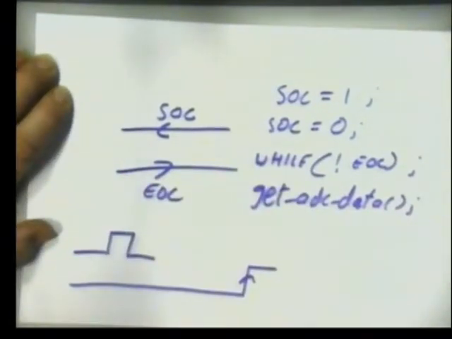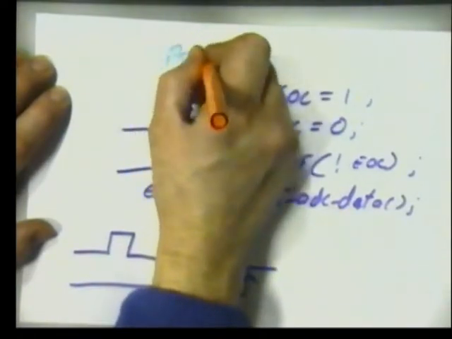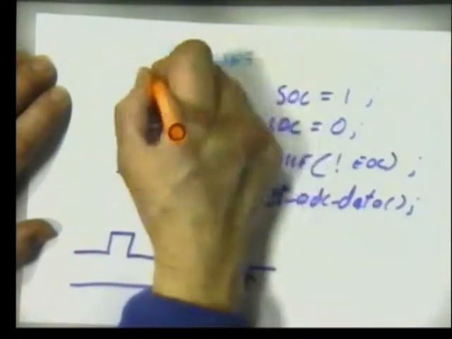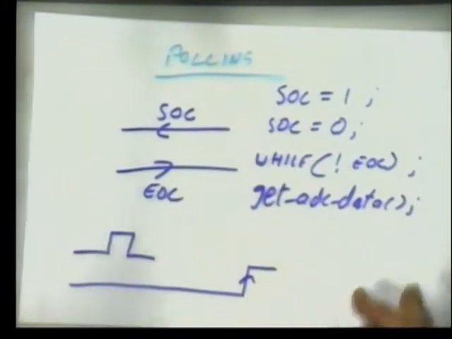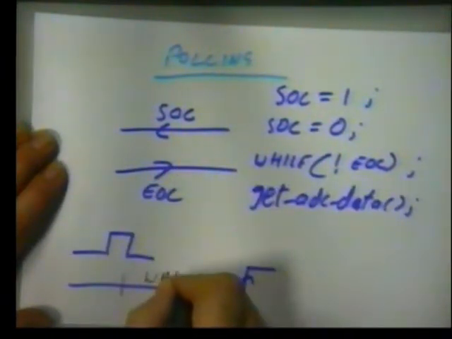Now that mechanism is known as polling. Why is it called polling? Because we're forever polling, asking a question, requesting information from the end of convert signal in a tight loop. So what's going to happen is our processor, from all this time there to that time there, it's just wasted.